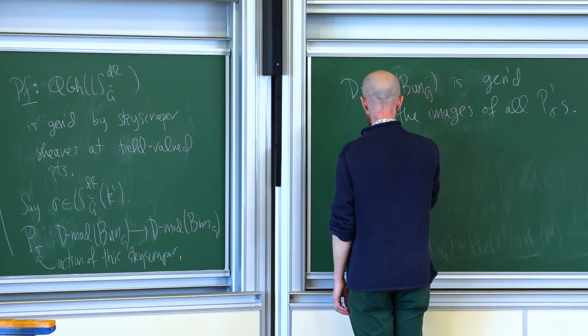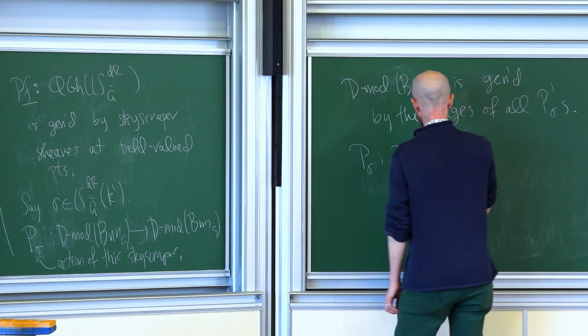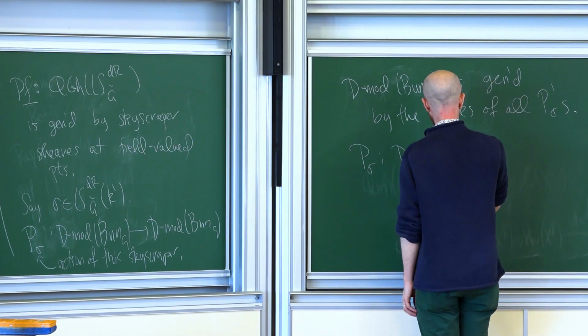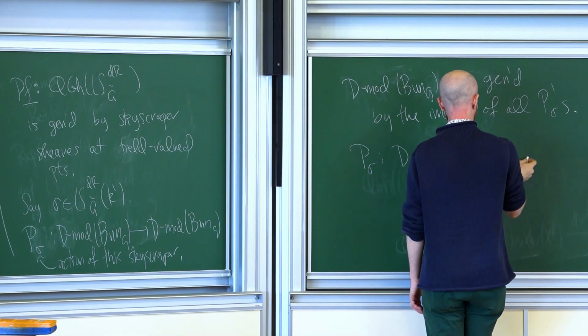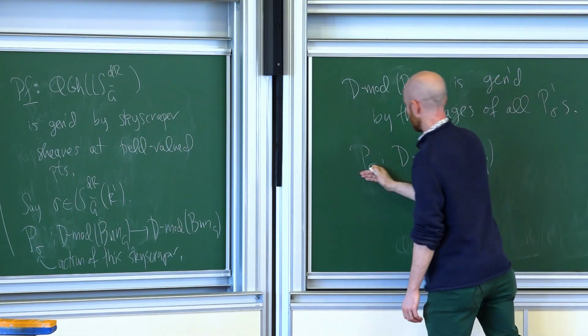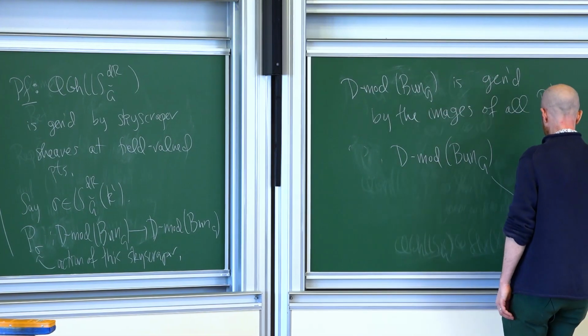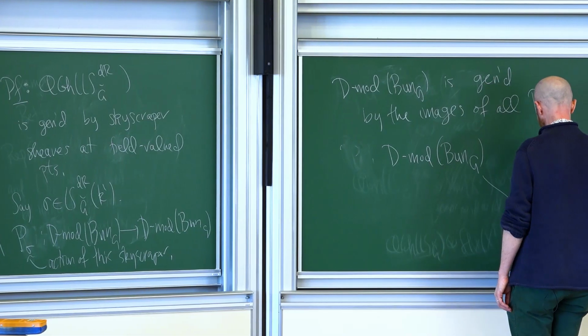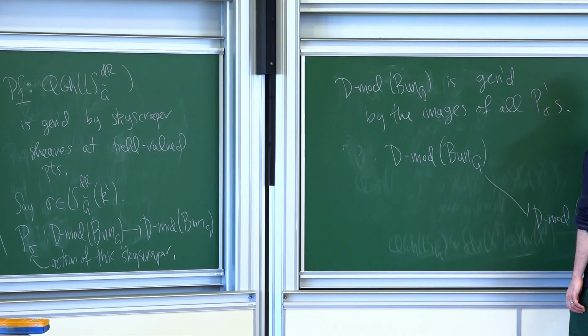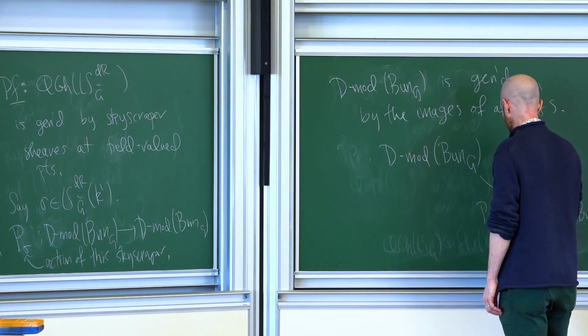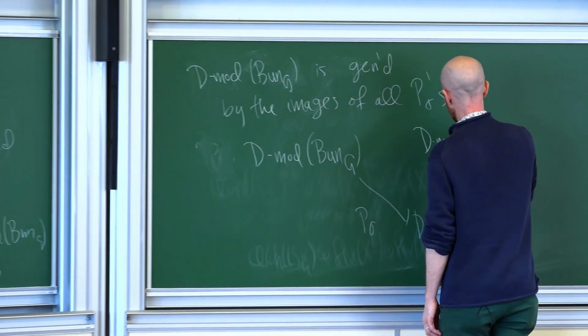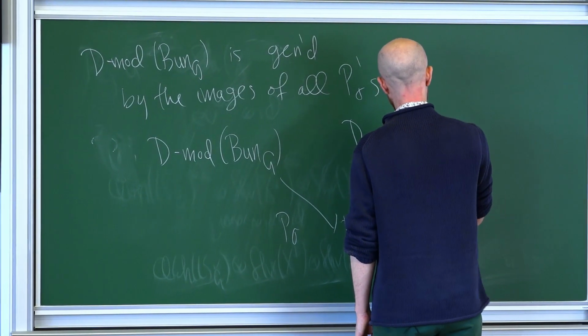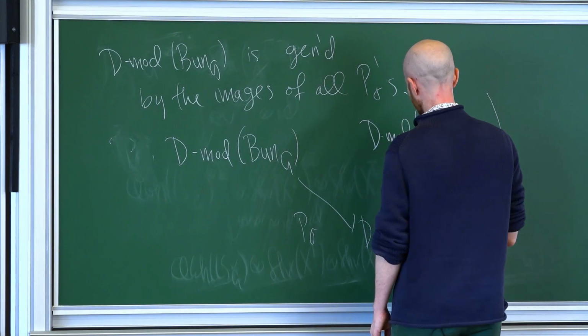But now if I take this P sigma, by design, it was really happening over this K prime. So this is my P sigma, this is my D-modules on Bun_G over this K prime.